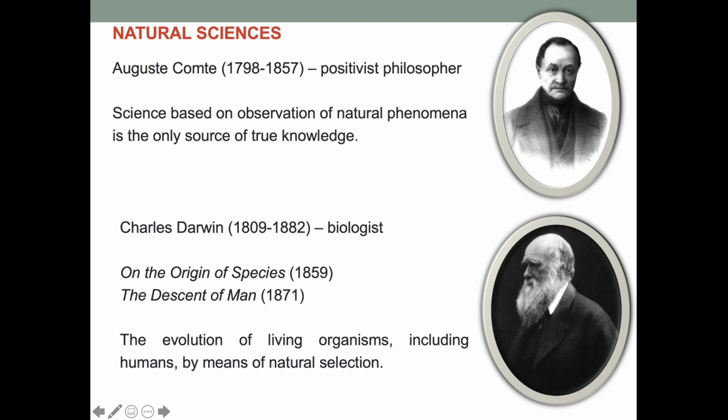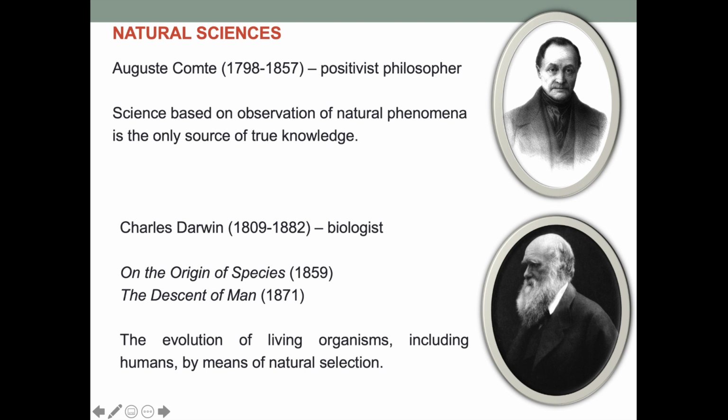For Charles Darwin, of course, you may remember him for his theory of evolution, mostly the two very influential books that he published, On the Origin of Species and The Descent of Man.